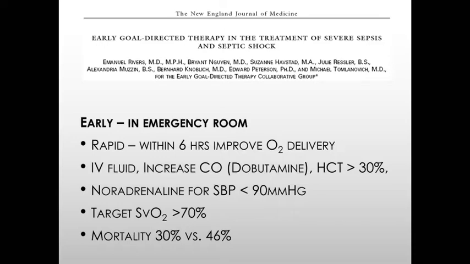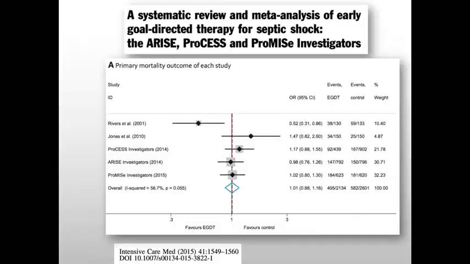And he did this to try and achieve a central venous oxygen saturation target of 70% or more. And doing this, he was able to show a decrease in mortality from 46% down to 30%. So this was very, very encouraging.